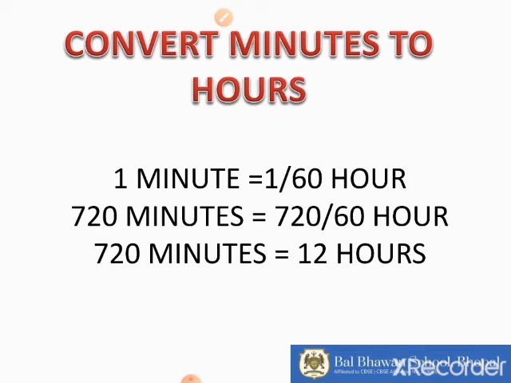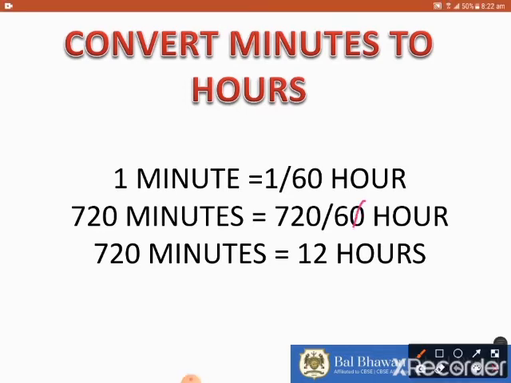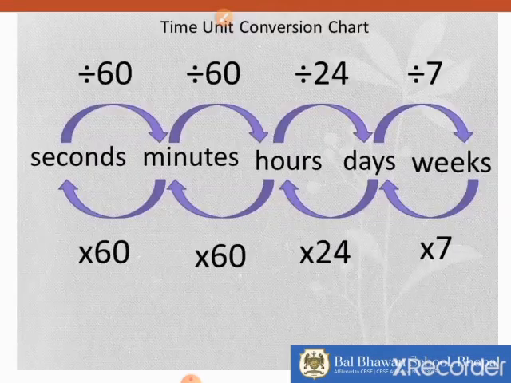And for division, you can cancel zeros, that is, 1 zero of the denominator will cancel 1 zero of the numerator. And 72 divided by 6 will give you 12 hours. So children, to convert minutes into hours, that is a smaller unit to a bigger unit, we are going to divide the given number of minutes by 60.